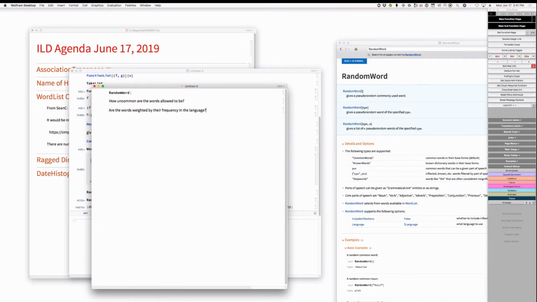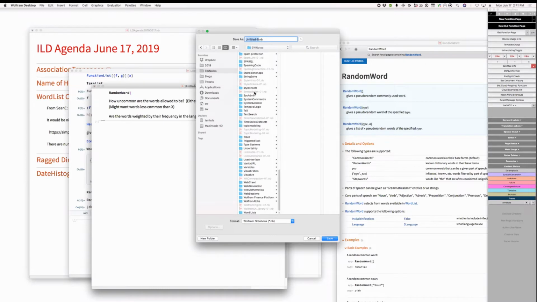Now, I can imagine, if you're doing a spelling bee, you might want words less common than a given threshold. So what this is suggesting is, where should I put this?